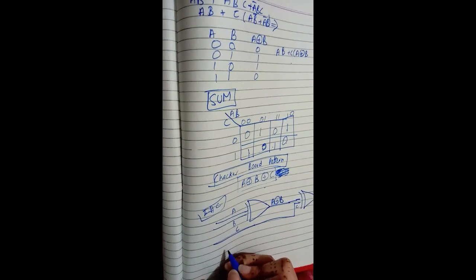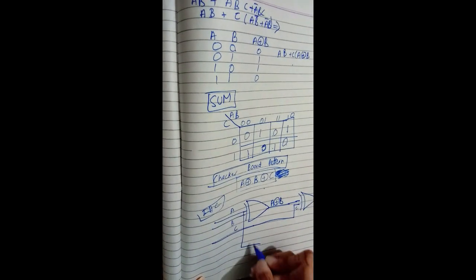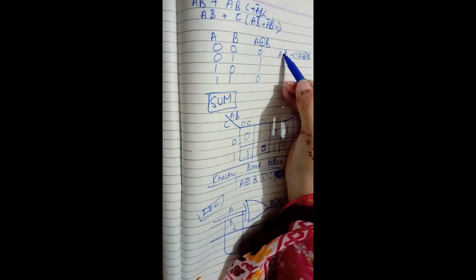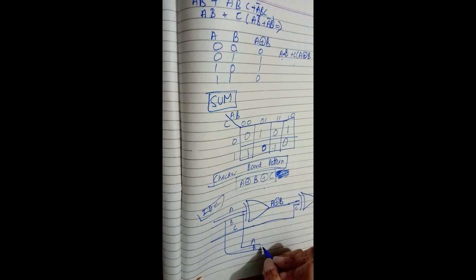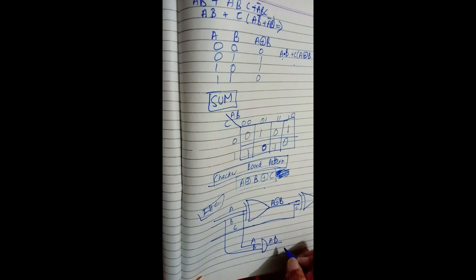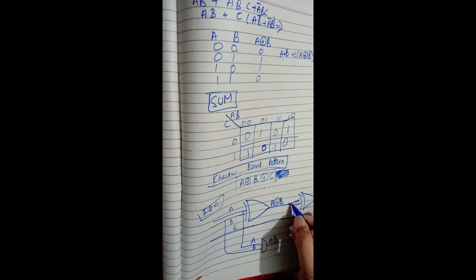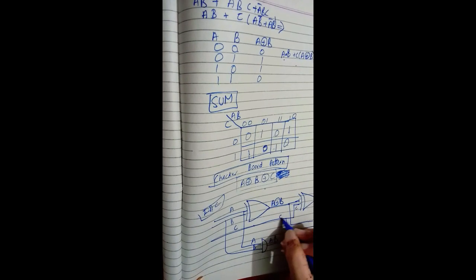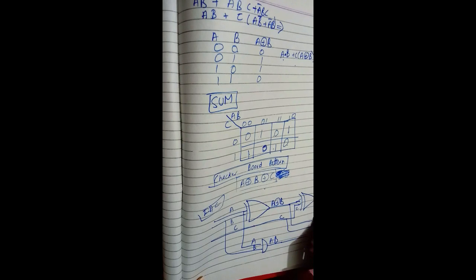Now for the carry, we will have the A, we will have the B. First we have our AND gate, A dot B, then we have A XOR B with C. So A XOR B and C. There is the AND gate between it.